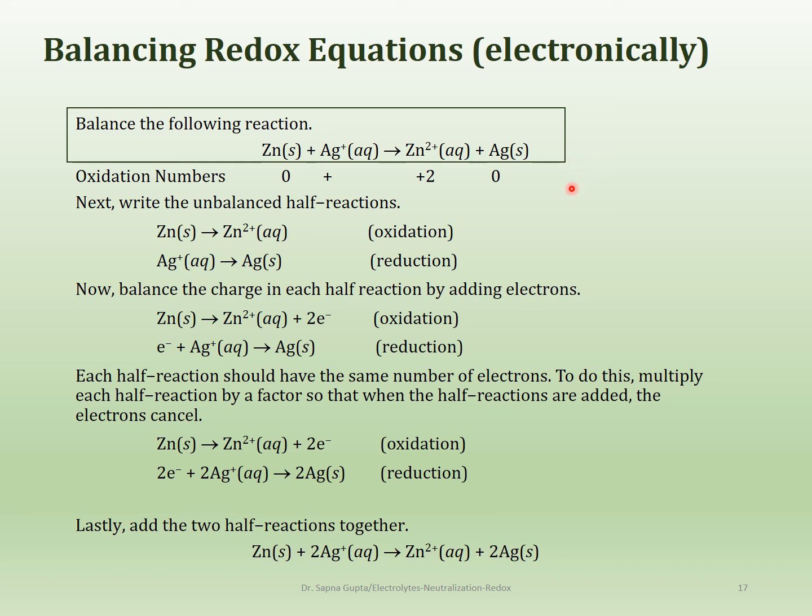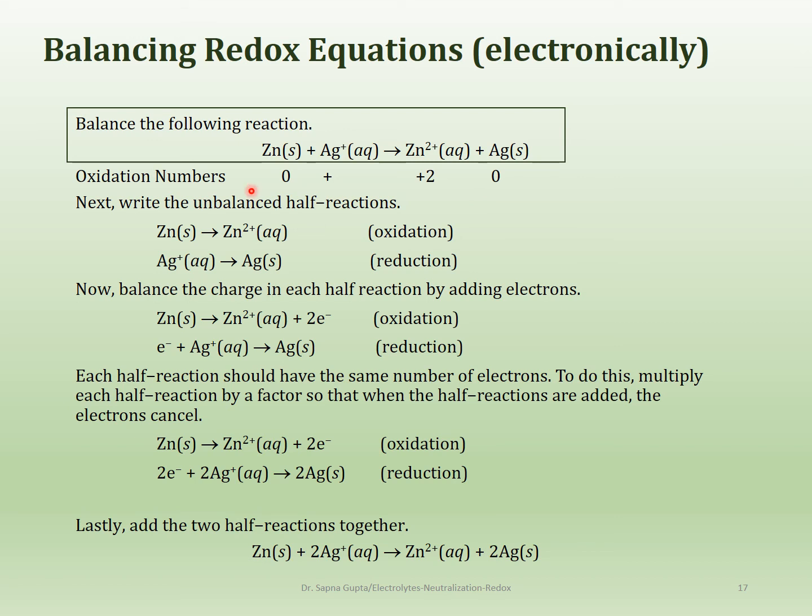What that means in redox equations is that the total number of electrons that have been transferred should be equal. So if zinc is giving 2 electrons, then silver should accept the 2 electrons. And if silver is not able to accept 2 electrons, then maybe you need 2 of the silver. And that is how we're going to balance this equation.